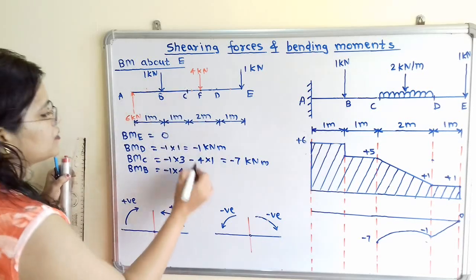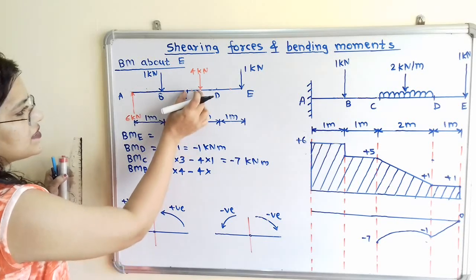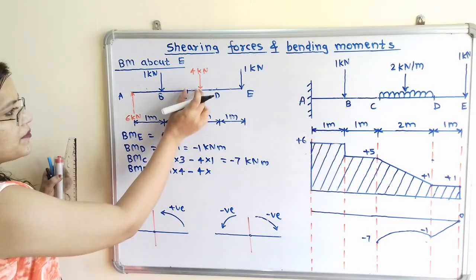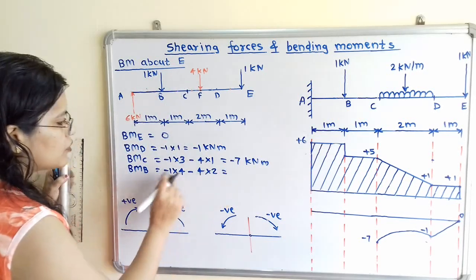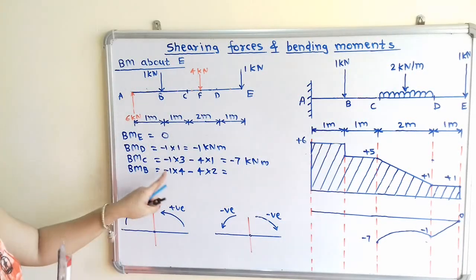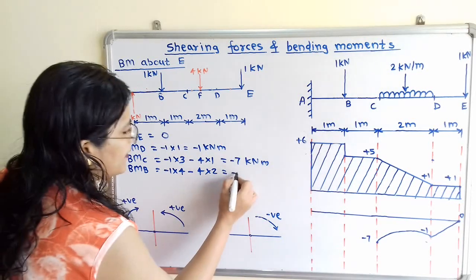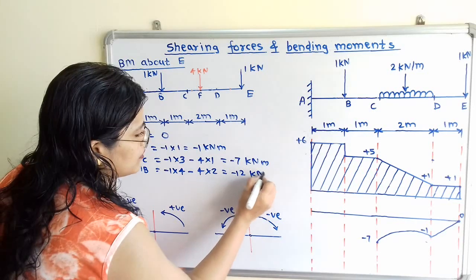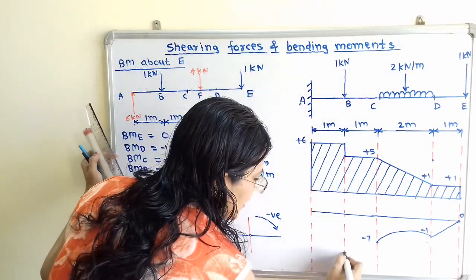Then -4 multiplied by the distance from this B. This is the half distance we have to consider, because this is the middle point. 1 plus 1, that is 2. Again we will calculate this. So -4 minus 8, -12 kilonewton meter. So we have to show this mark, -12.